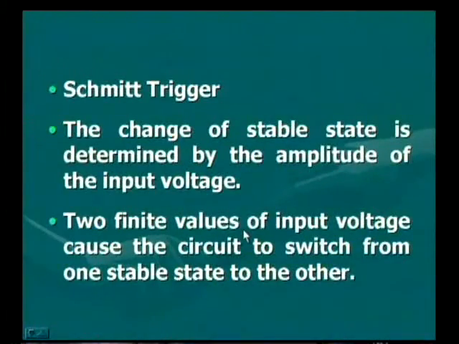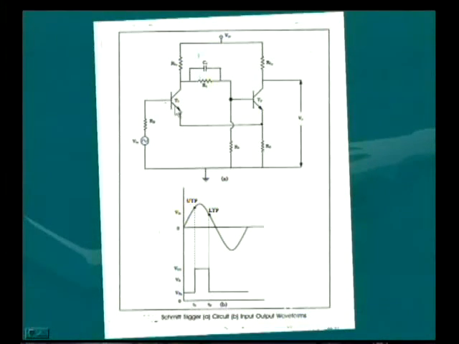The only difference is in bistable multivibrator we apply a trigger pulse, whereas in case of Schmitt trigger we apply an input signal whose amplitude is going to decide at 2 points to change its state. So the two finite values of input voltage cause the circuit to switch from one stable state to another stable state. Let us see, this is the circuit of a Schmitt trigger.